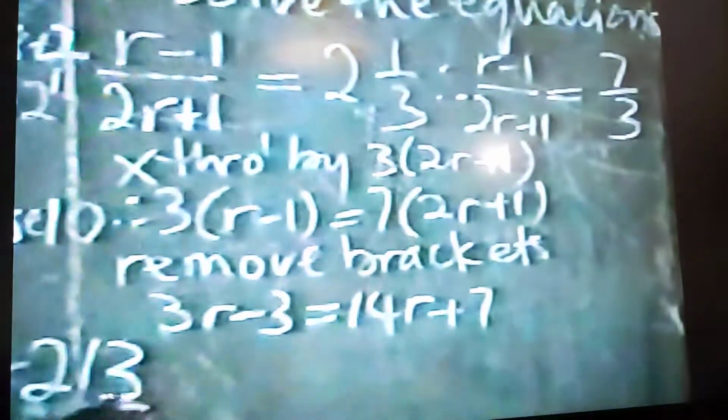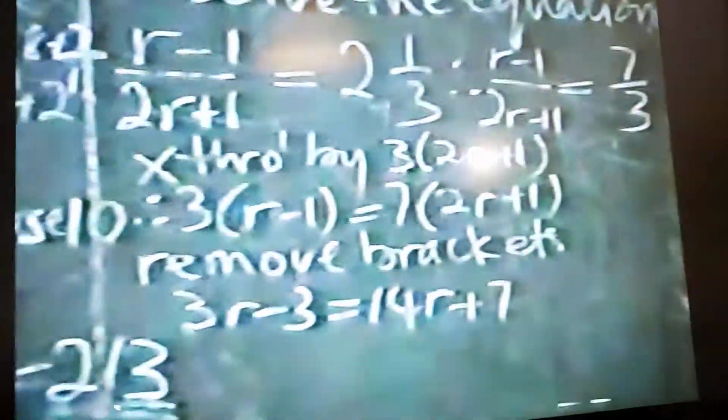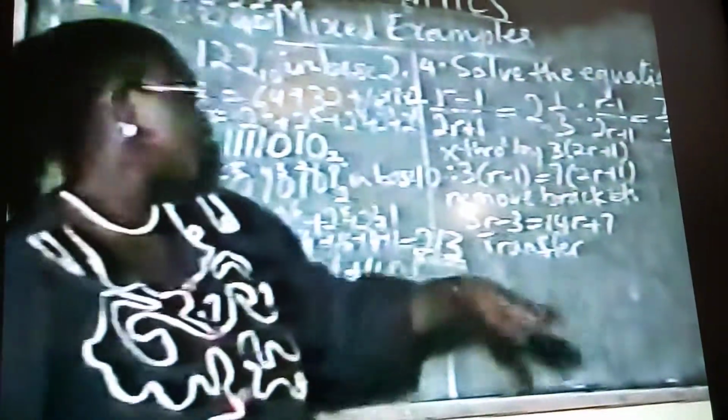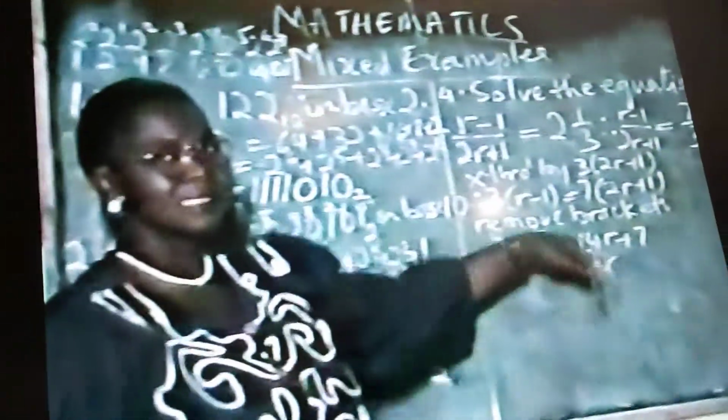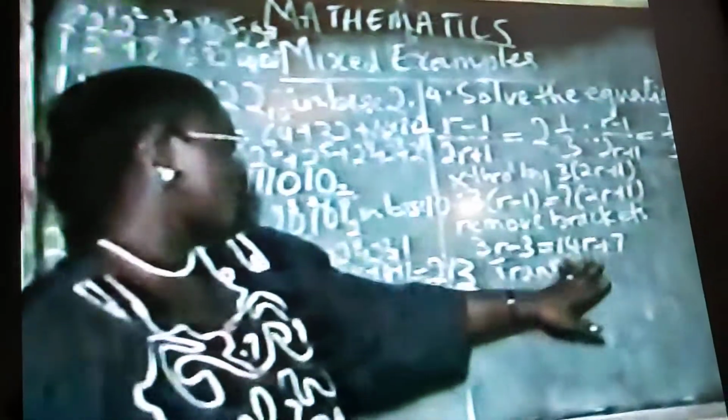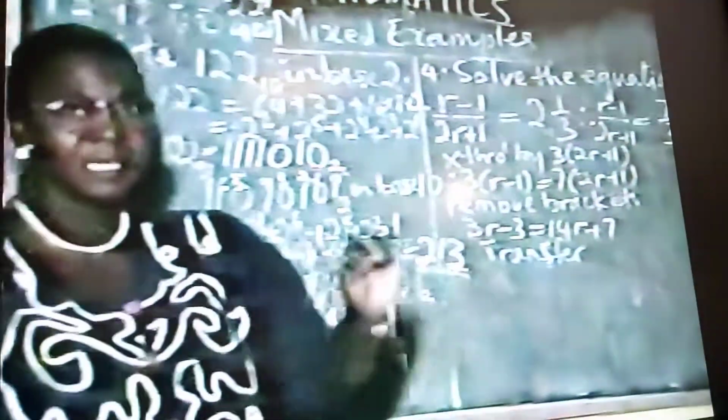So transferring here will imply get all r's together and all numbers together. Also, there is usually this feeling that you try as much as possible to maintain a positive unknown, so that in your working you don't get confused, because most people cannot deal with negative numbers.